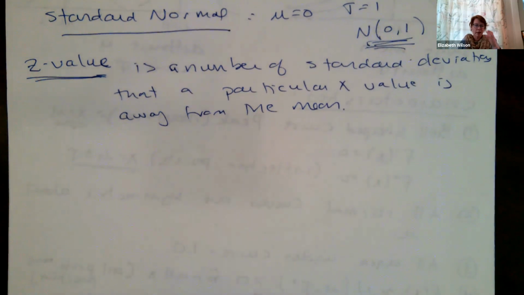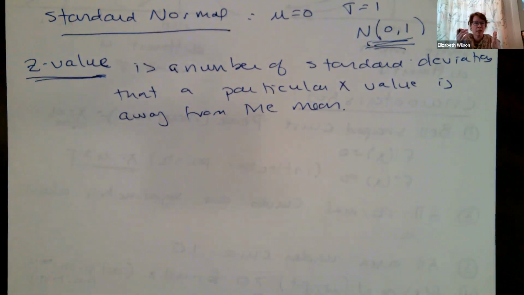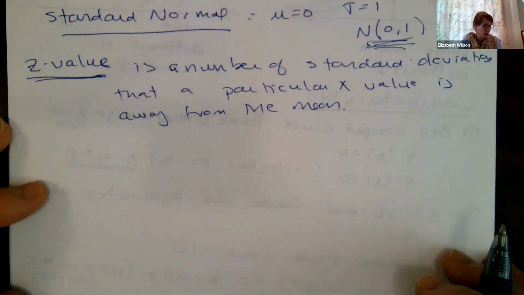Right. So we say we've got a sample data set, or a population data set, and it has a mean value. Now I've got a particular value, x is my random variable. I want to know, where does it fall? How many standard deviations away from that mean is it? Is it 1 standard deviation, 2 standard, is it some fractional standard deviation? So our z-value is a way of calculating that.